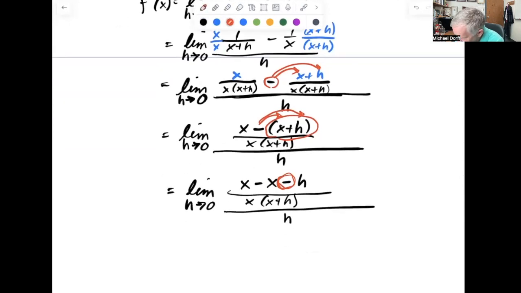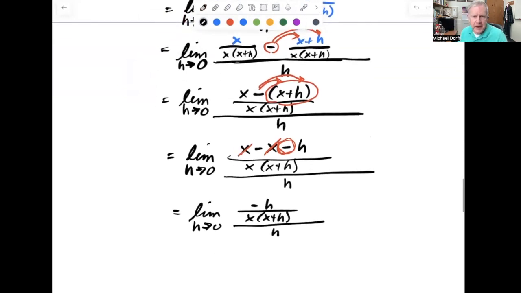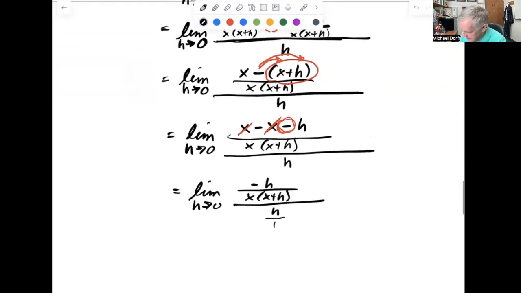Okay, so now I can cancel out these x's there, and that's going to now give me my limit as h goes to 0 of negative h over x times (x plus h), all over my big h. And I have a fraction in the numerator, and I have that h in the bottom, but I can think of that as a fraction in the denominator.